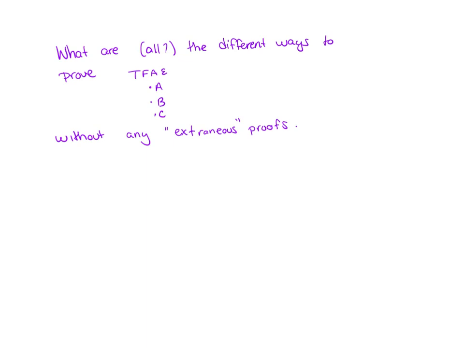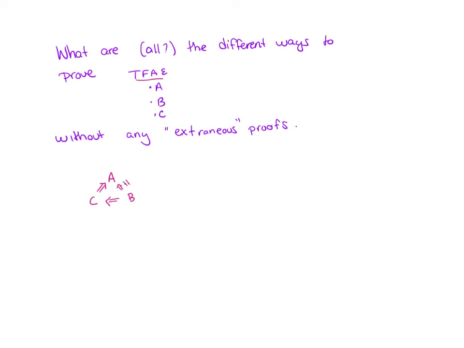All right, so my exercise for you for this section is to think about all of the different ways to prove the statement "the following are equivalent," where we've got A and B and C, without any extraneous proofs. So what do I mean by an extraneous proof? Let's say I prove A if and only if B, and then B implies C, and C implies A. Let's think about this if and only if as two different arrows.